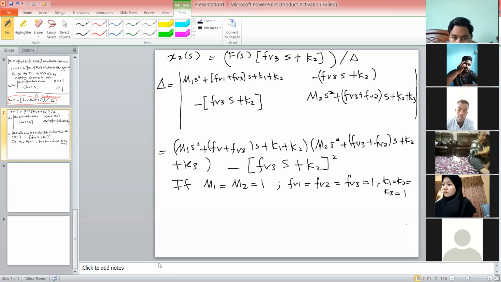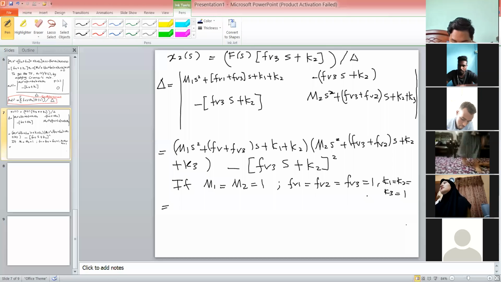What if everything is 1? In the examination, if they give you this condition, all equal to 1, then you can follow 1. If not, you just write M and S and K and so on.